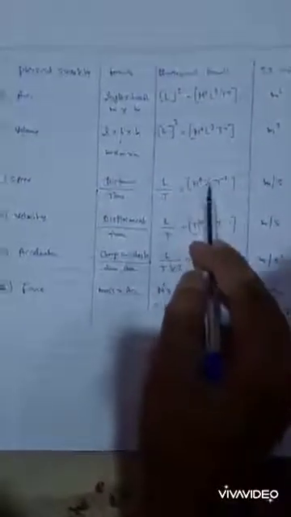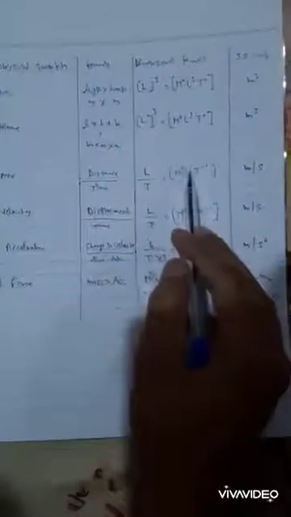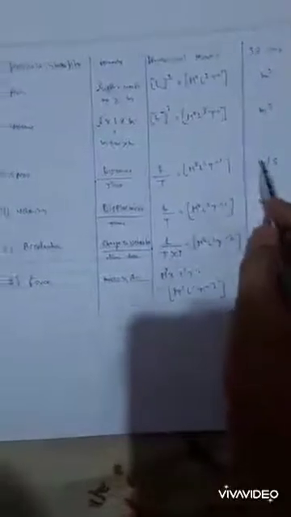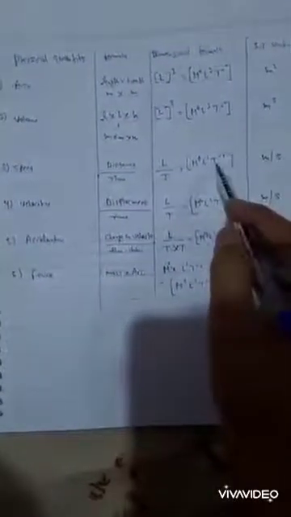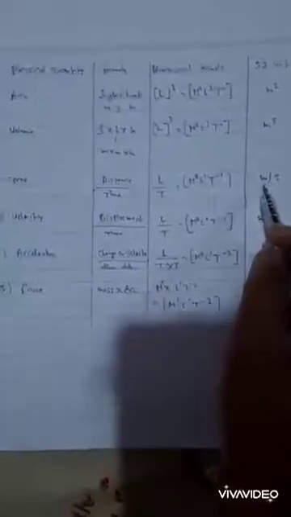As we know, L is measured in meter, so here we put m, and for T we know it has power minus 1, so the unit comes out as meter per second. Same with velocity, displacement by time, so you will get the same SI unit.